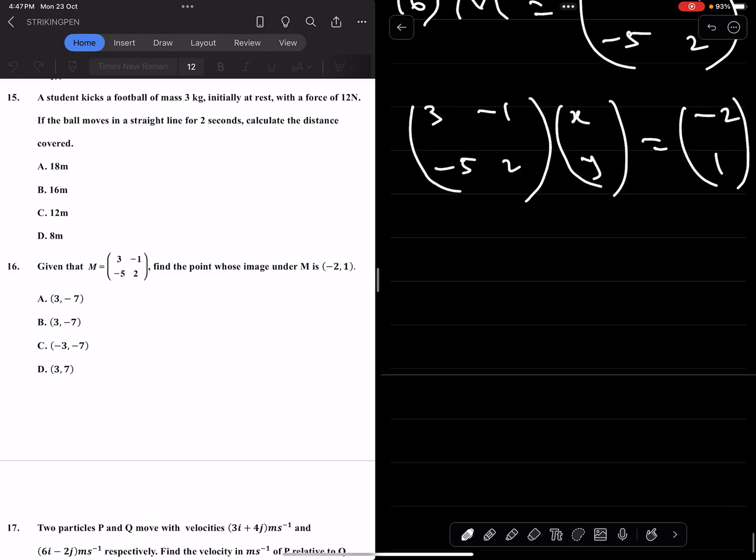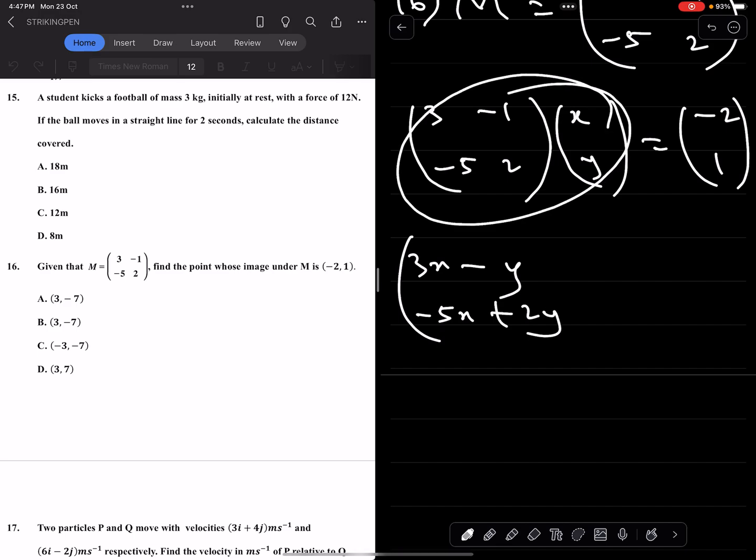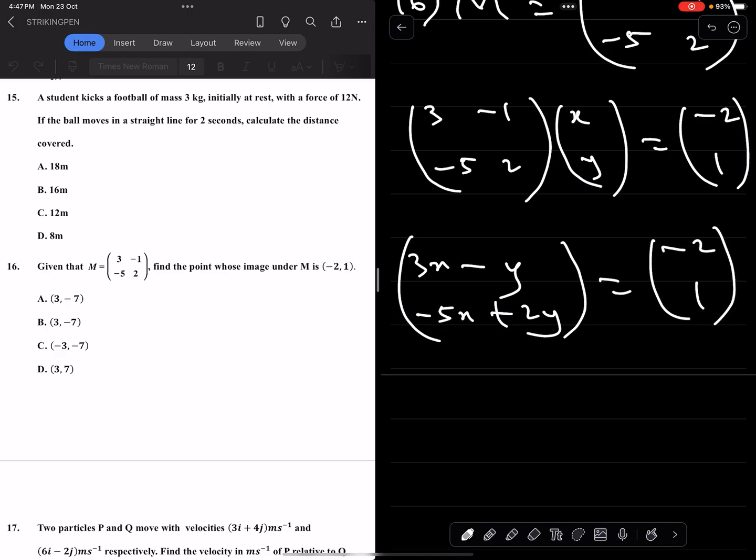So this is simply the same as 3x minus y, and this will be minus 5x plus 2y. If you multiply these two matrices, that's what you're going to get. And that's equal to minus 2, 1.